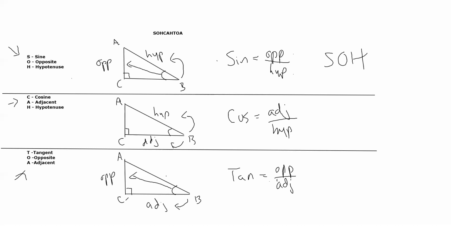But what if I need cos? CAH stands for cosine, adjacent, and hypotenuse, in that order. Cosine is equal to adjacent over hypotenuse, because C is cos, A is adjacent, and H is hypotenuse. And then TOA, right? This is from last week, tangent.